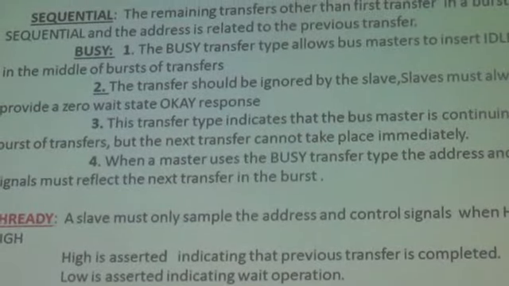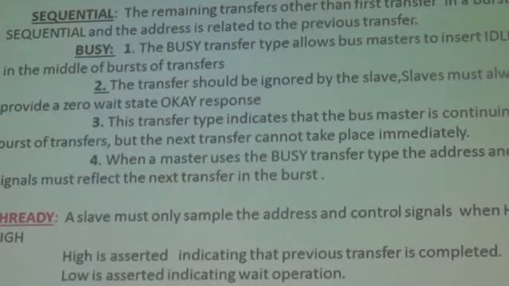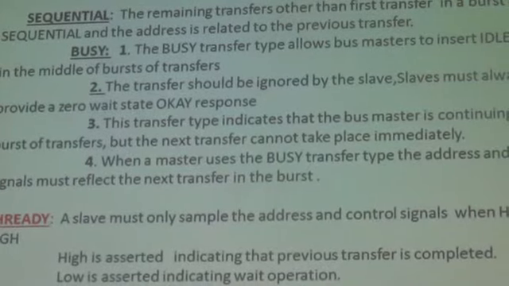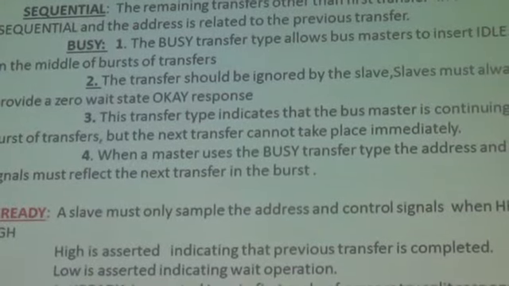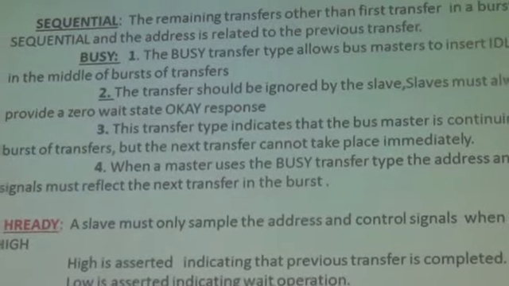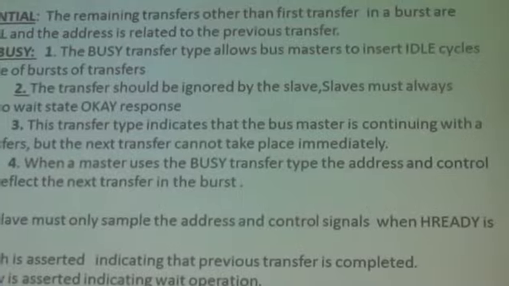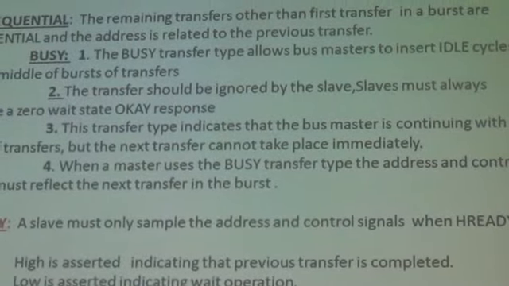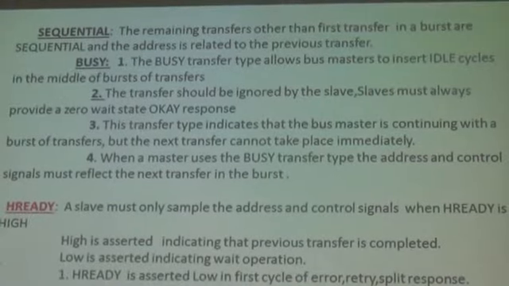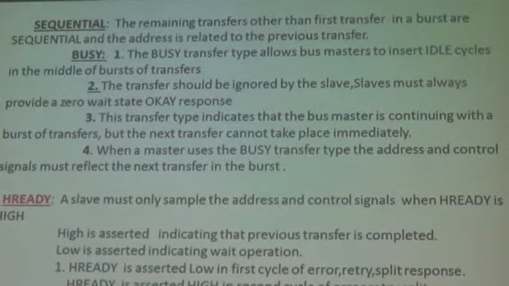For example, a burst transfer is happening, and in the middle of the burst, the master inserts busy. The main meaning of the busy transfer is this: a burst is happening.